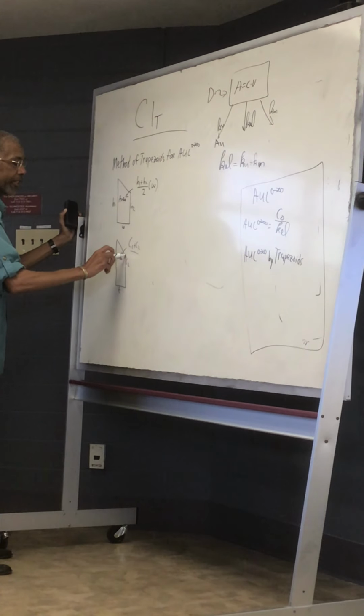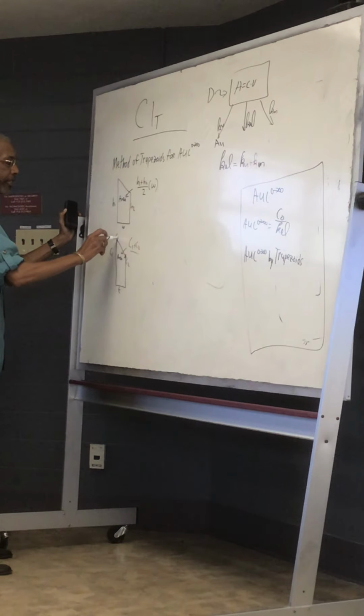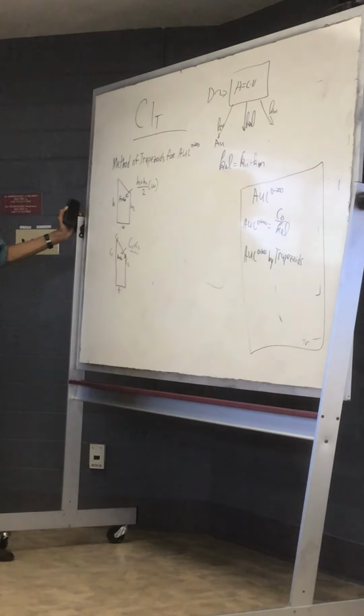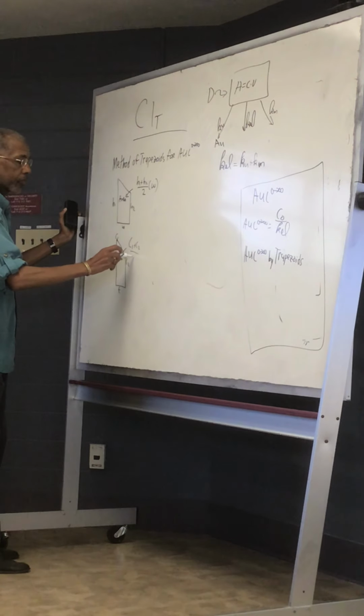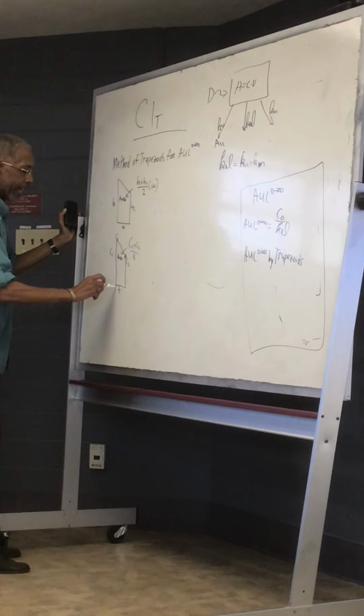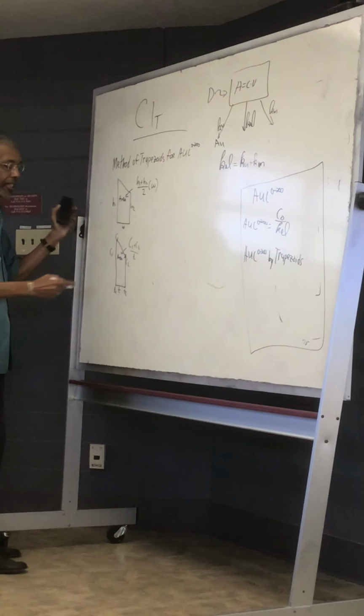In other words, this concentration right here is C2, and this is C1, divided by 2. This would be T1 down here on the x-axis, and this would be T2, whatever the time associated with that second concentration.